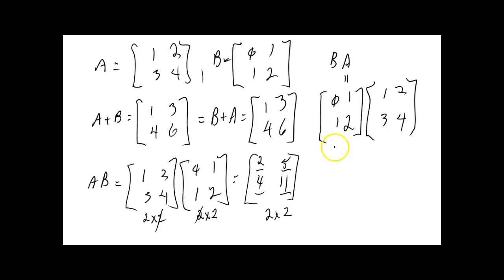How do you check? Determine the sizes. What's the size of the first one? 2 by 2. What's the size of the second one? 2 by 2. Are the inner two the same? Yes, they are. Wipe them out. And then you're left with a 2 by 2. So the product matrix is going to be a 2 by 2. I like to go on and fill in the blanks there.